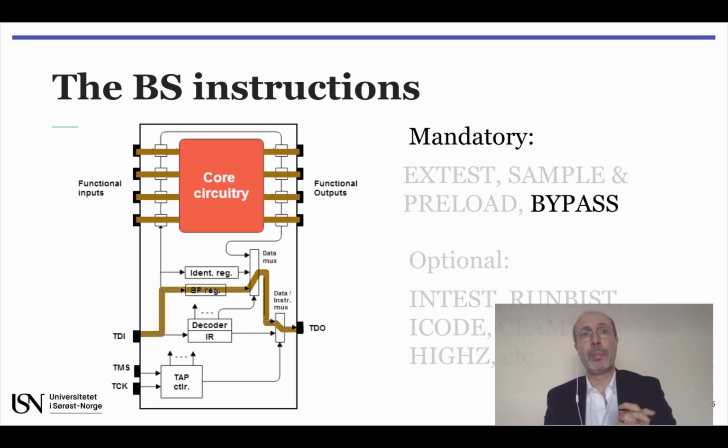Finally, bypass will place the 1-bit bypass register between TDI and TDO in the case of those devices that we do not wish to access. All the boundary scan cells will operate in transparent mode when bypass is loaded. This instruction also has a predefined code, which is, in this case, all bits at 1.